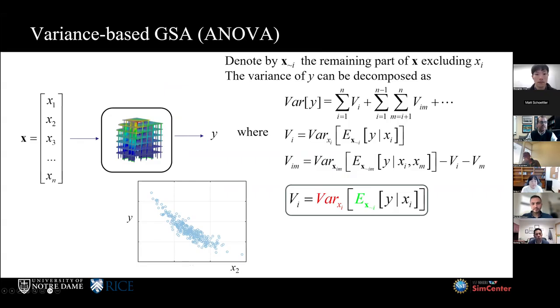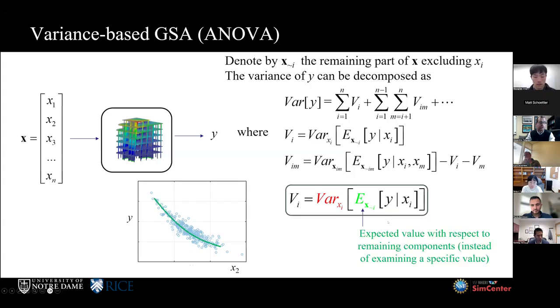So this Vi term here is the variance of the conditional expectation. You are considering the conditional expectation with respect to all other components. In this case, it would be this green line here, what I was calling regression before, and the variance is going to be the variability along this green line.